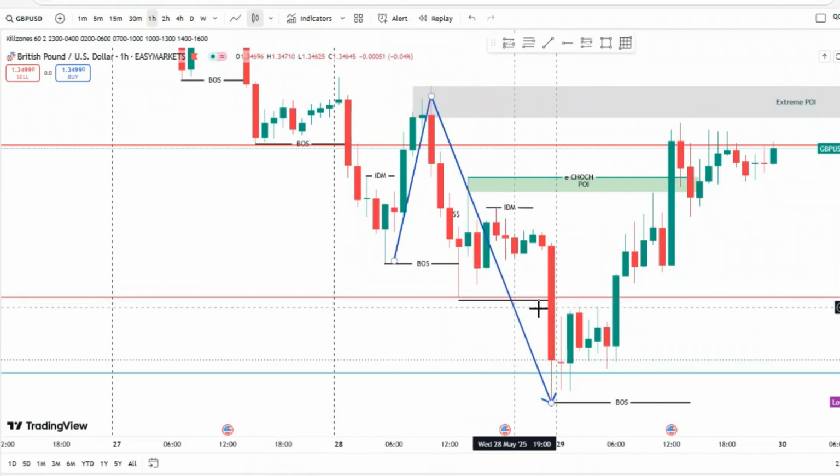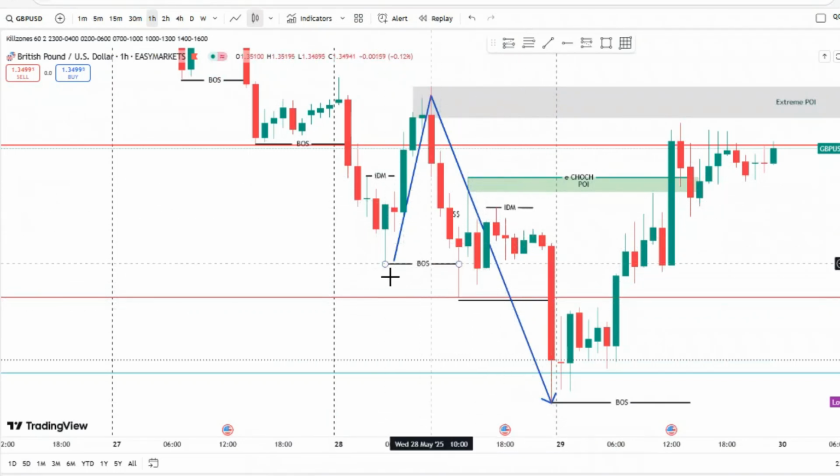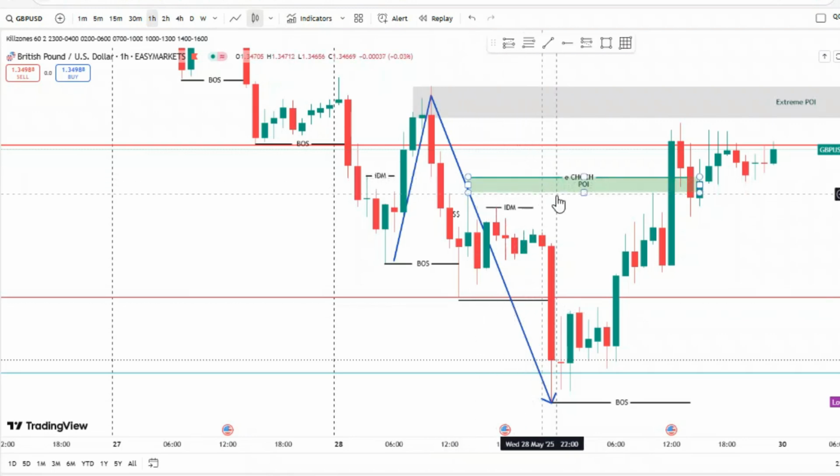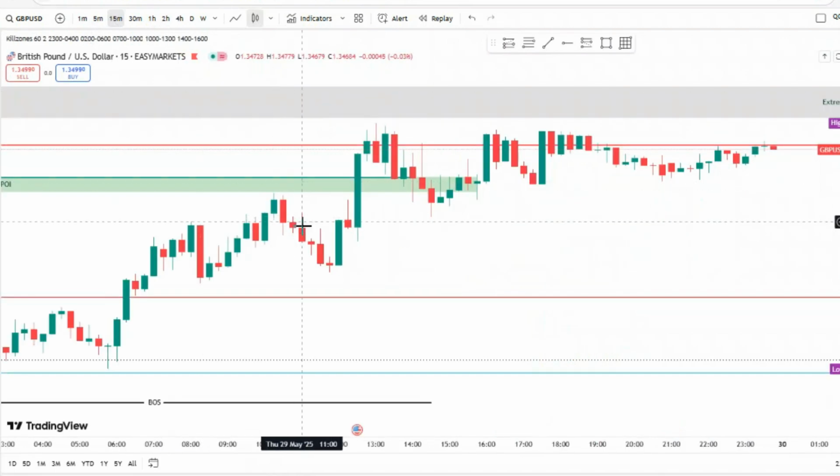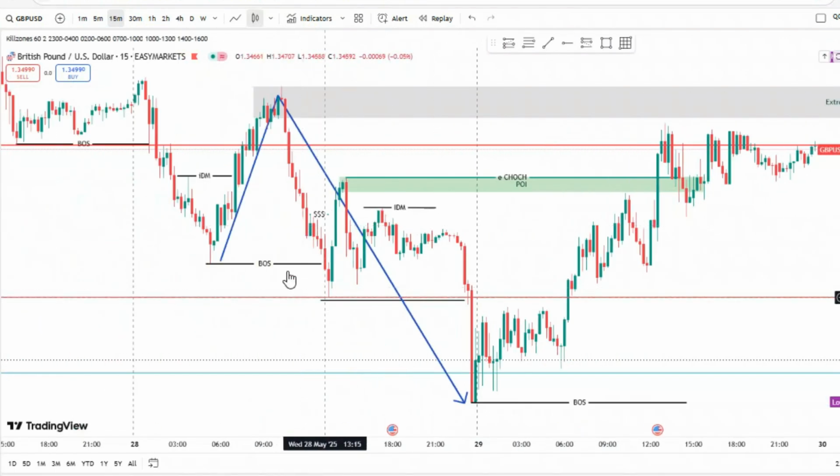And since this is not our high point of interest, it is securing this particular invalid break of structure to now be a break of structure because the transaction has left from here to here, making this place the major inducement. But when you come into the 15 minutes time frame, you will see that this movement has become a valid break of structure.